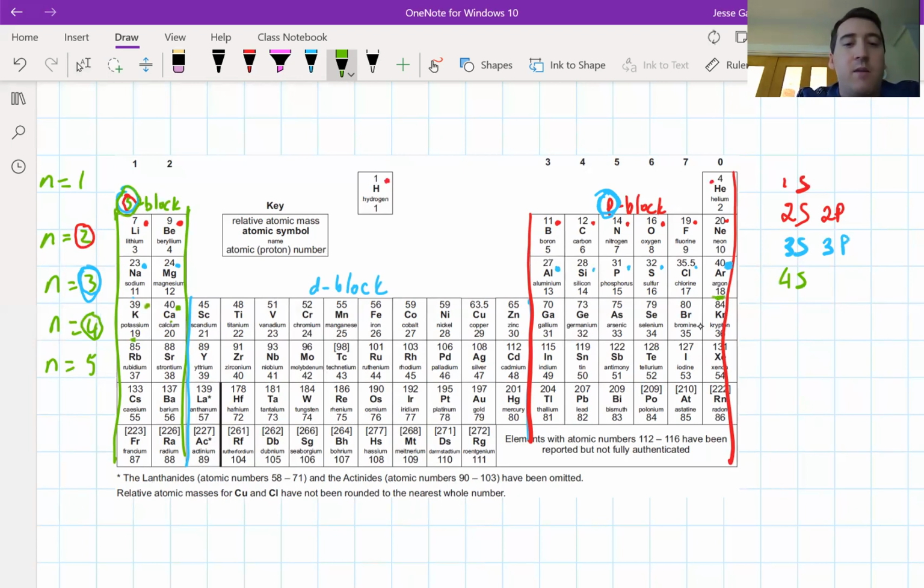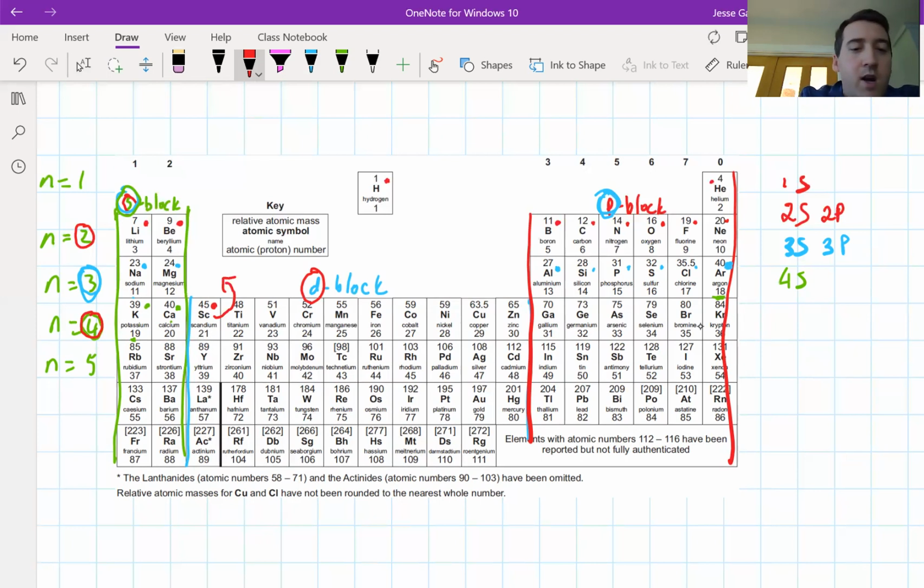This is where it gets a little bit strange. What we're in here now is the 4th line, n equals 4, scandium, and it's the D block. But technically, this is the 3d block. So you might look at that and say, oh, well, why didn't they put it in the 3rd line on the periodic table? It's stupid that it's down there.